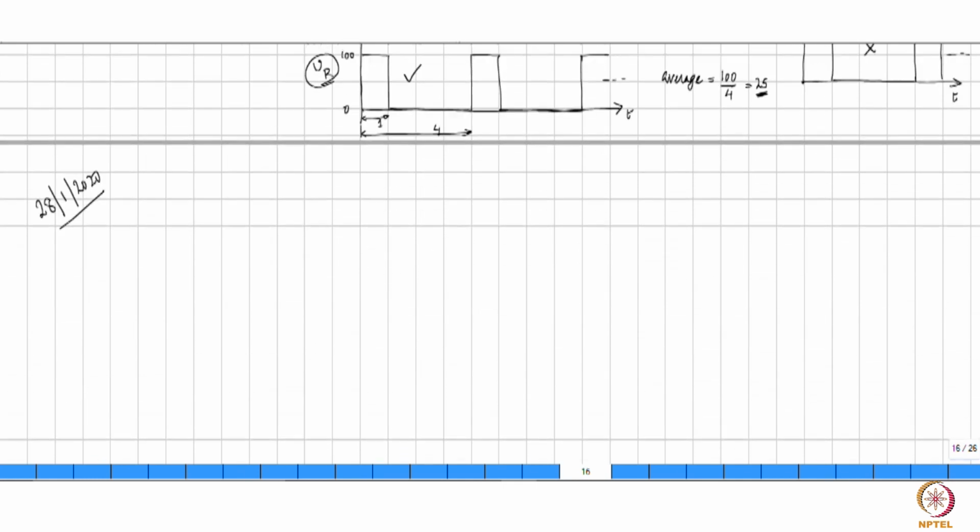Now if you take the case of a DC motor, let us say that this is the 100 volt that is available. What you have in the DC motor is a resistance of the armature, call it RA, and then there is an inductance of the armature, call it LA, and then there is an induced EMF.